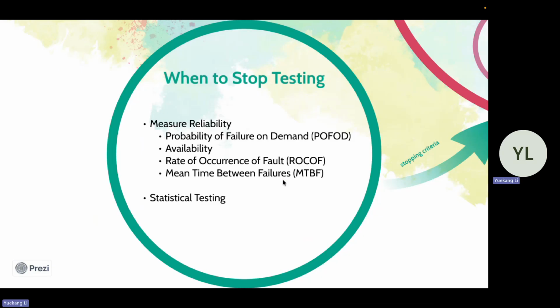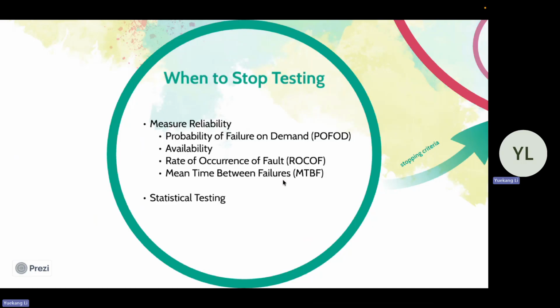And we also learned about when we should stop testing. So when to stop testing is related to measuring the reliability of a piece of software, because we know that using testing is impractical to prove a program is correct.